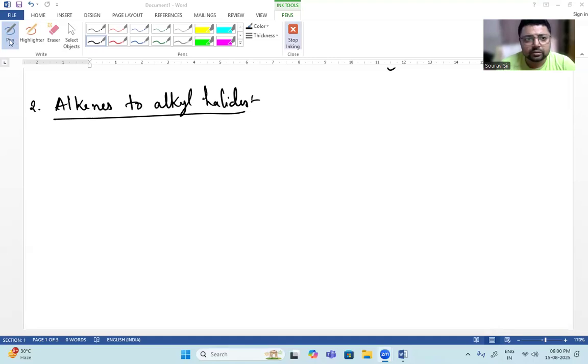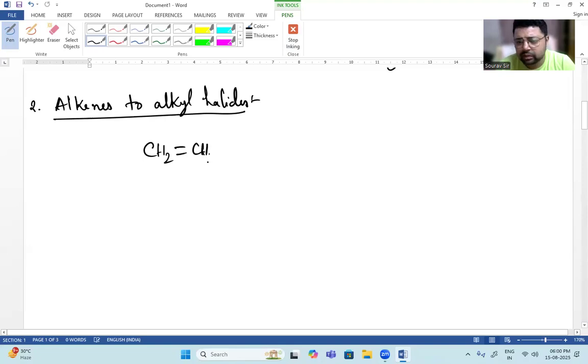Okay. So the next thing is alkenes to alkyl halides. What will we do to get alkyl halides from alkenes? Alkene is nothing but this type of moiety, CH2 with a double bond.